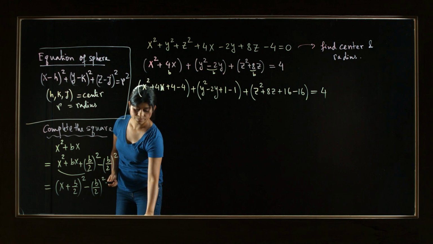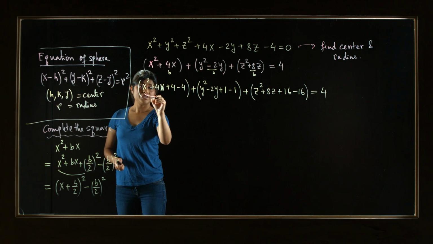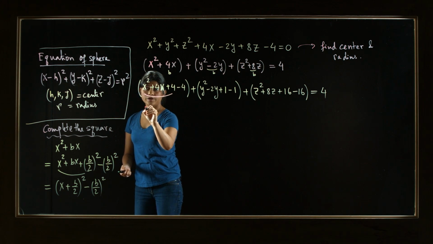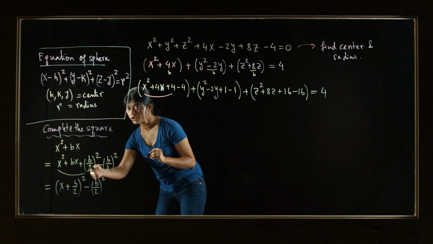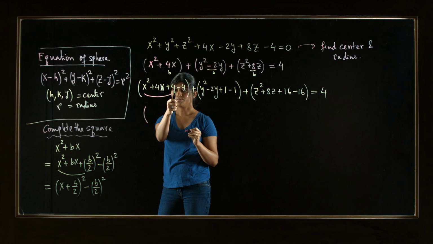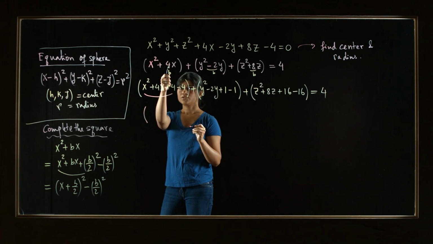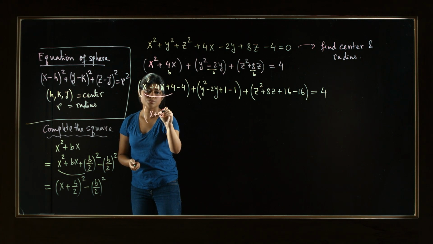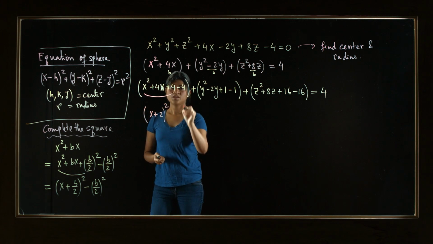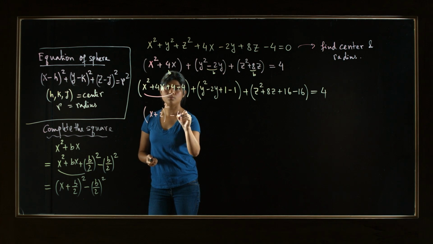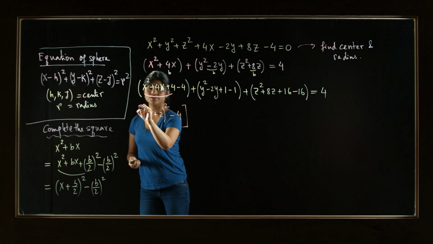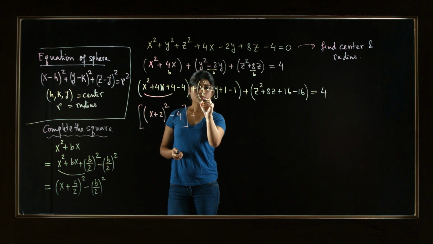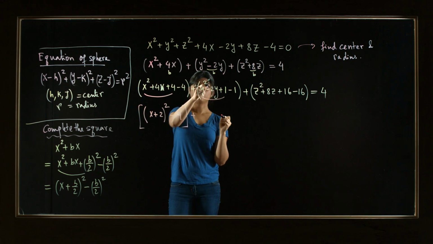Now, remember, these first 3 terms will give you a complete square. And what is that square? It is the b over 2 quantity. And the b over 2 will be, so 4 over 2 is 2. So we'll get x plus 2 whole square. And then we'll still have the negative 4. Don't forget about that constant. Okay, for the y, these 3 things together, remember what b was?